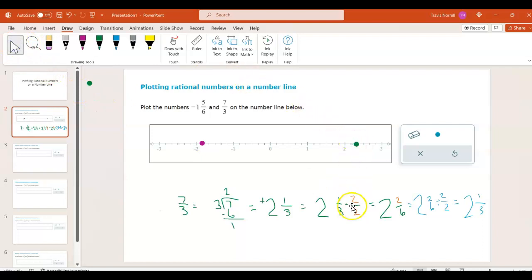And that would be the same thing as 2 and 1/3. So basically what I'm doing here is just changing the fraction itself to have that denominator of 6.